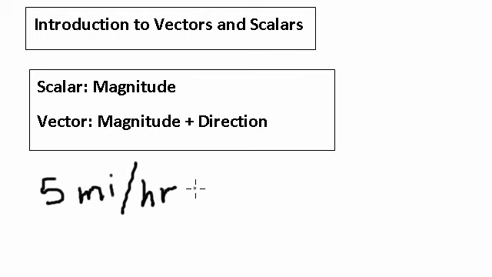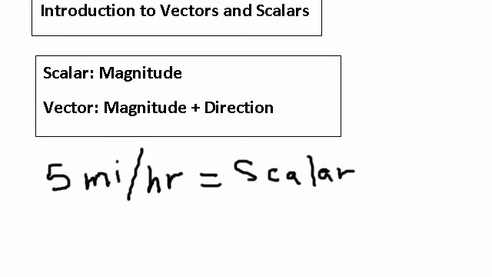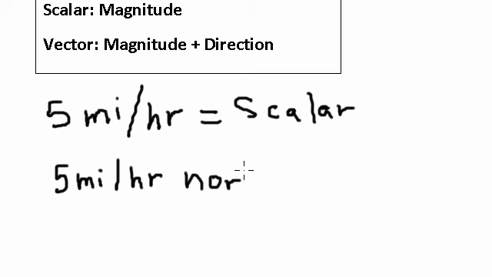This is a scalar because scalars tell you the magnitude. If we're referring to a vector, we need to know the magnitude and we need to know the direction. So if we're talking about a vector, then I would say 5 miles per hour going north. That's an example of a vector.